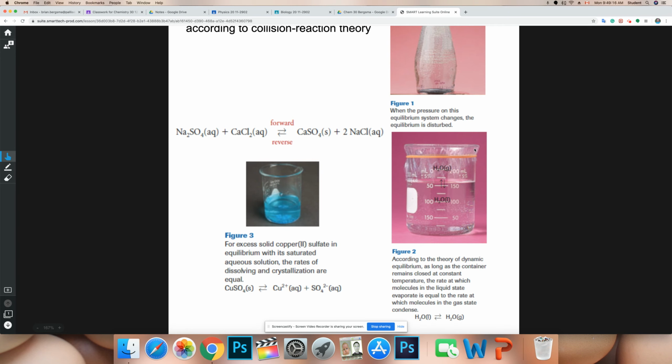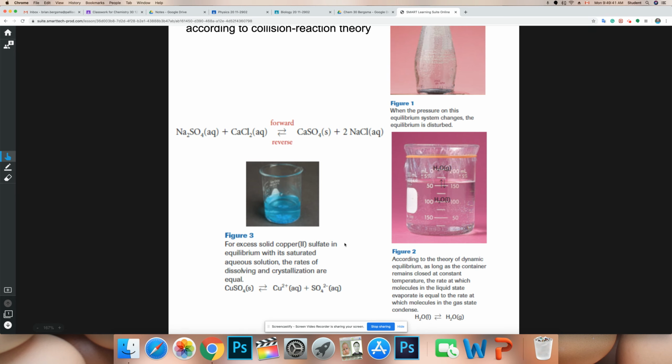So basically for this, you just put a lid on some water. We have some H2O gas up here, H2O liquid. They're going to be equal and opposite. And then another one here. When you dissolve copper(II) sulfate at equilibrium, again, if it's saturated, we get some in the bottom.